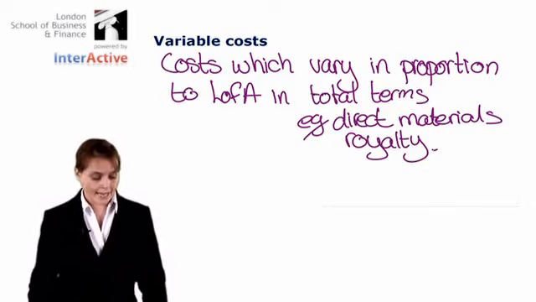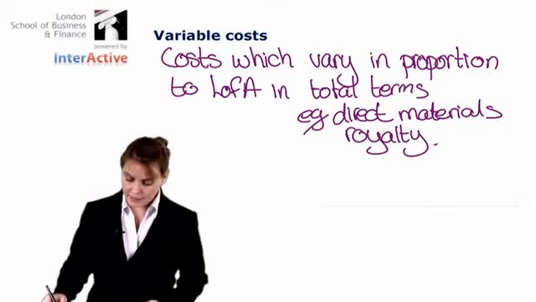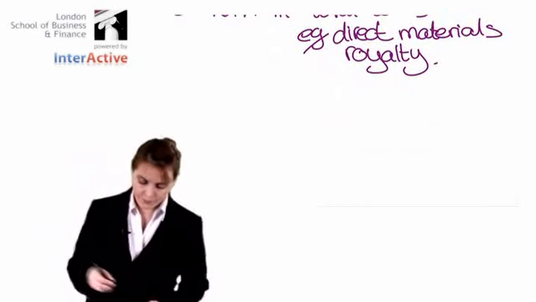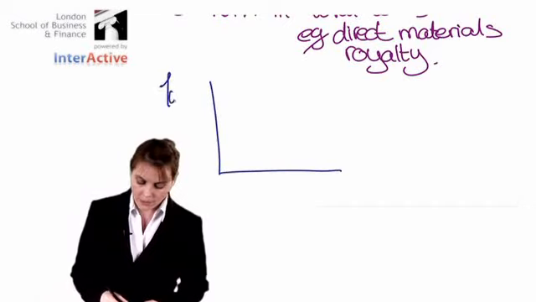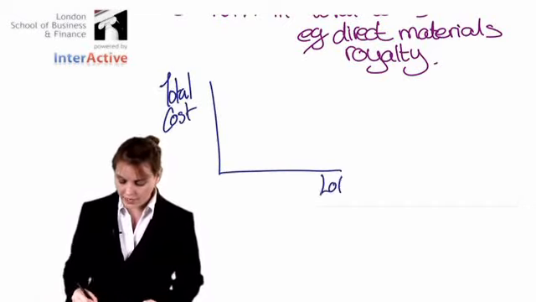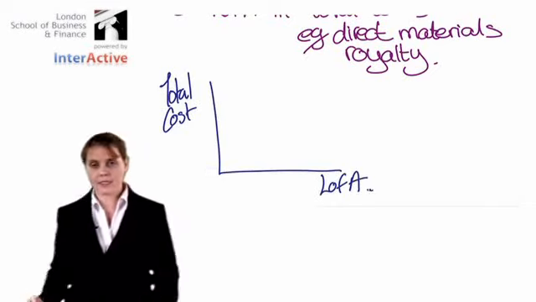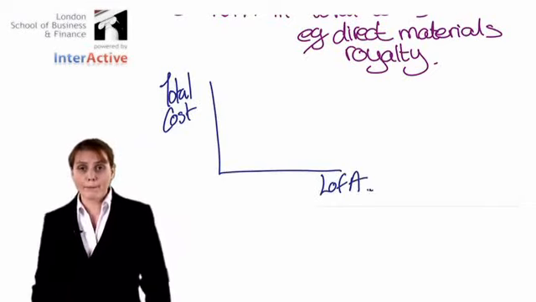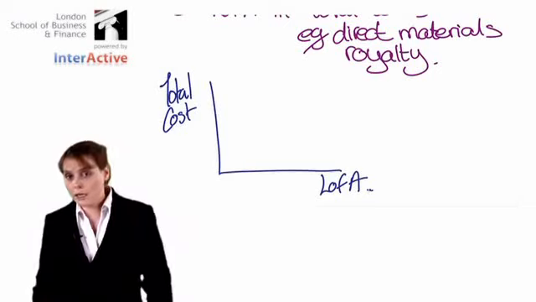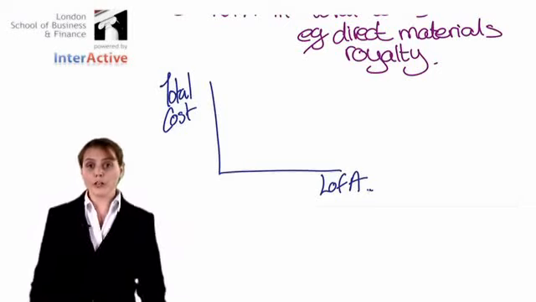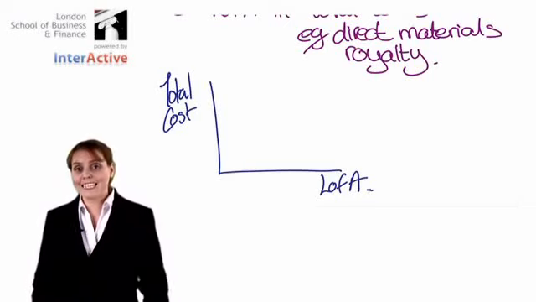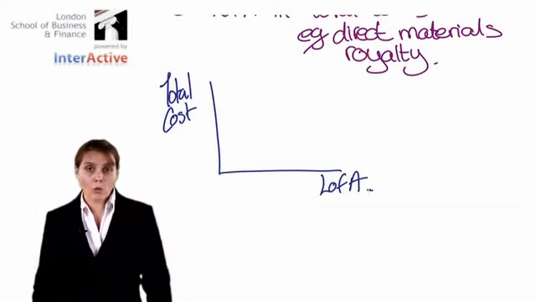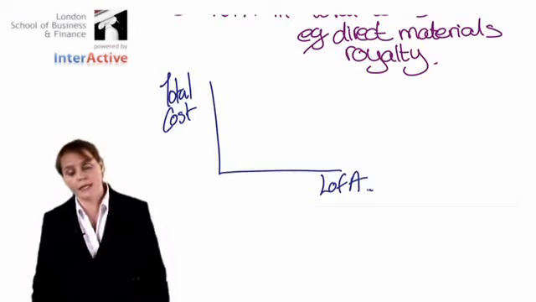If we consider then how our variable costs appear on a graph, again, we've got our total costs on the y-axis and our level of activity on the x-axis. Remember, when we're graphing these cost behaviors, the first question we want to ask is, when our level of activity is 0, what will the total cost be?